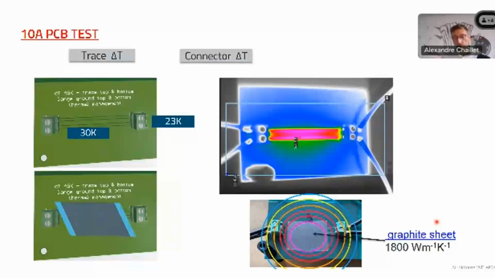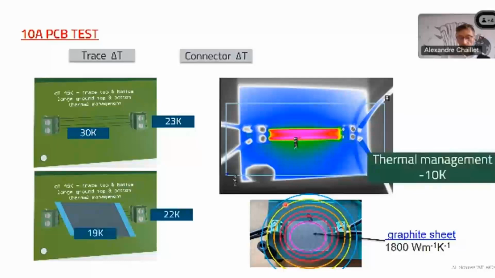This is very good, but the graphite sheet is 1,800. This is really, really higher. So it will take the temperature and spread it in all directions. So it will increase the effect of the copper ground layer. The impact is huge also, minus 10 Kelvin if you use the thermal management interface.